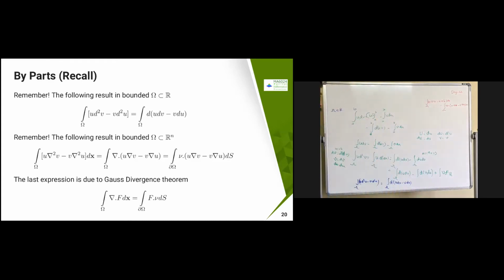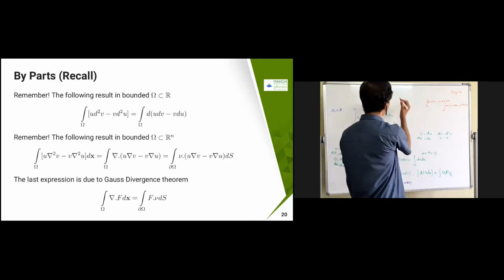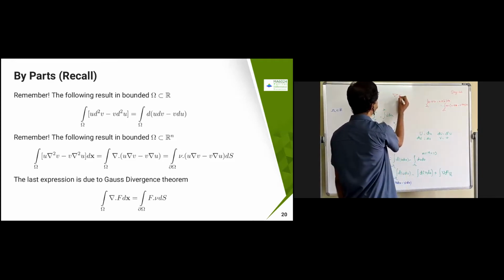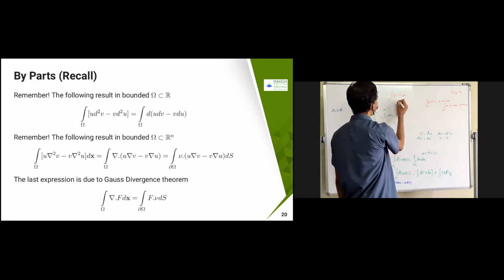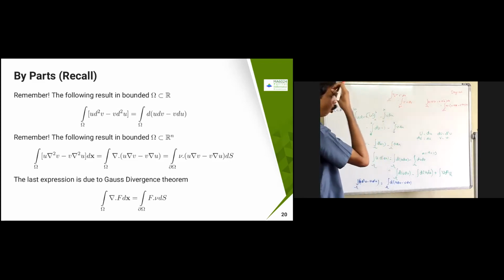Now we know the Cauchy-Euler theorem, the divergence theorem. According to it, the integral over omega of div f dx is nothing but the integral over the boundary of omega of f dot n ds, where n is the outward normal.